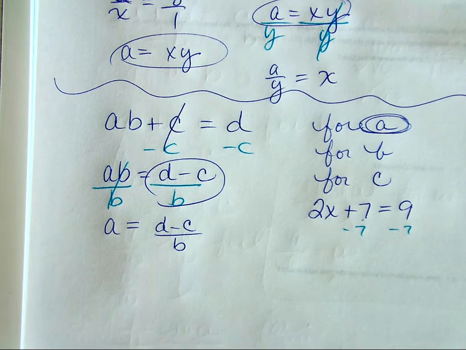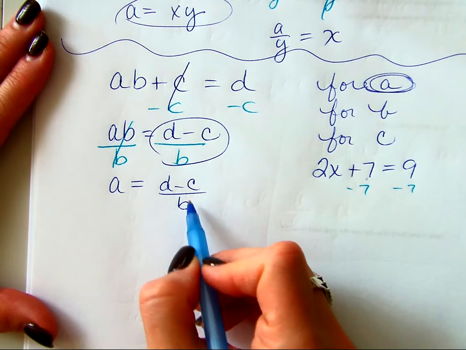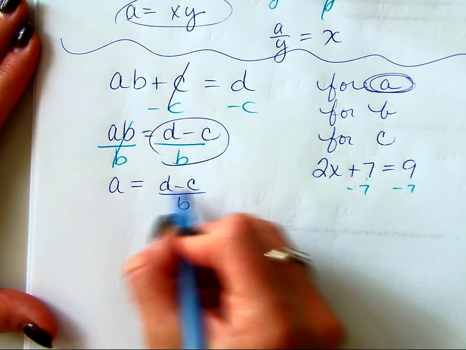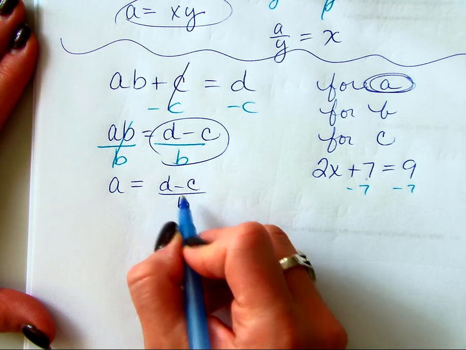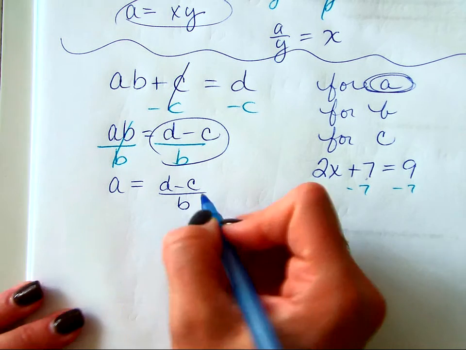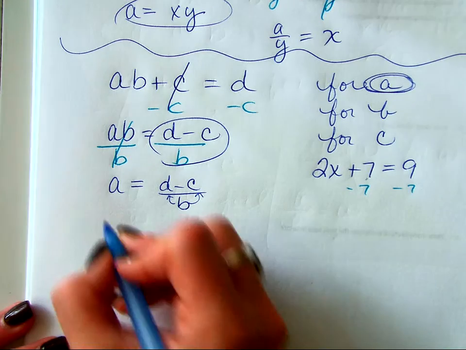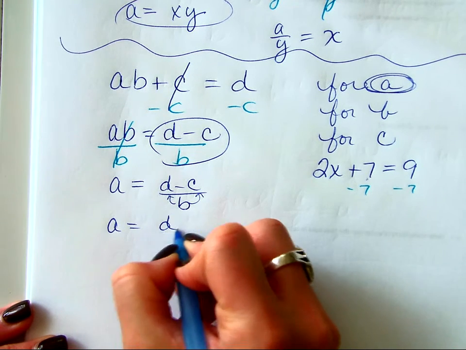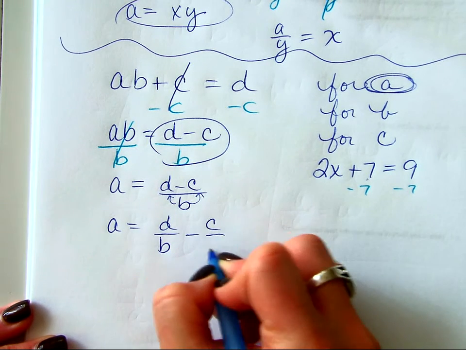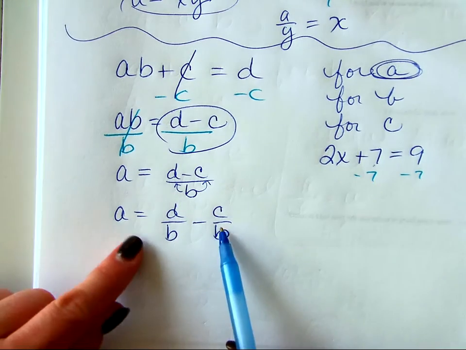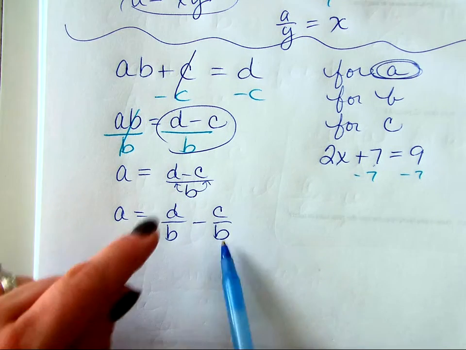But what I also want you to know, and you're going to need it in another couple examples, understand that when you have an expression in the numerator and just a single term in the denominator, each of these numerators can just be divided by the denominator. Meaning you could make it D over B minus C over B. So it's like they could either just share the B or they could each have the B separately.